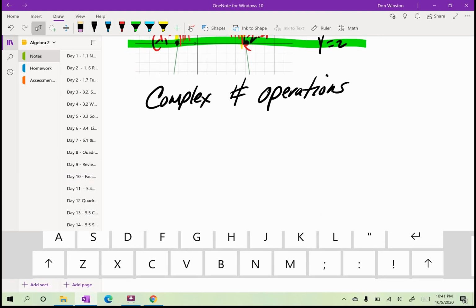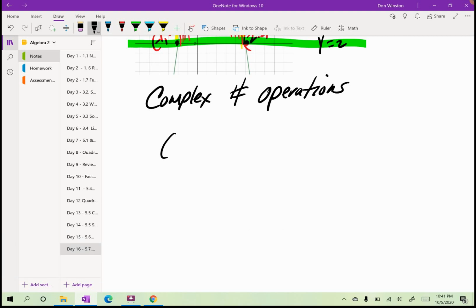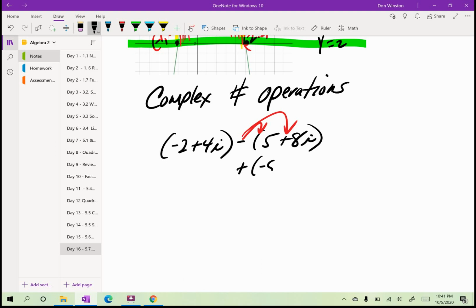All right, okay, so to review, adding complex numbers, you have the real part and the imaginary part. So if I have -2 plus 4i, and then I'm going to subtract 5 plus 8i. Well, I'm not adding, I'm subtracting, but we'll change subtraction to addition. We have to distribute that negative, right? So this is going to be plus -5 minus 8i.